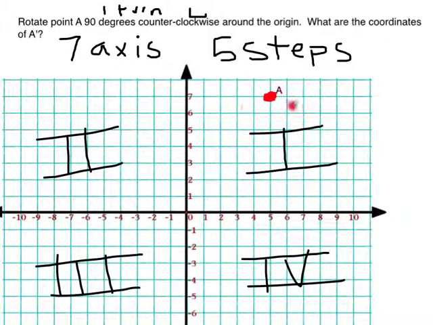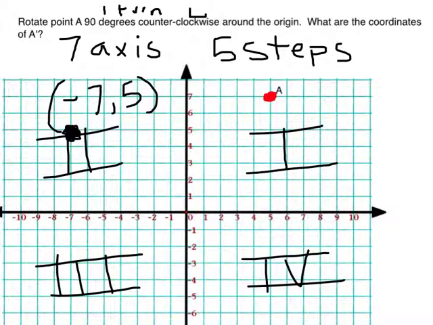I know if I'm moving this point A 1 quadrant to the left, it's going to end up in quadrant 2. So let me show you. When I counted up the y-axis, I counted up 7. I want to find that axis to the left, which is my x, and I'm going to count 7: 1, 2, 3, 4, 5, 6, 7. Then I need to count into my quadrant 5 steps. I know this is going to land in the second quadrant, so I'm going to count up 1, 2, 3, 4, 5. And then I can drop my point off, and my new point is at negative 7, 5.